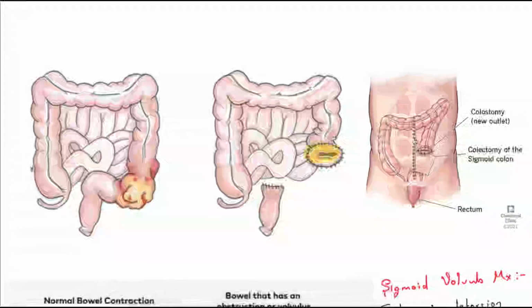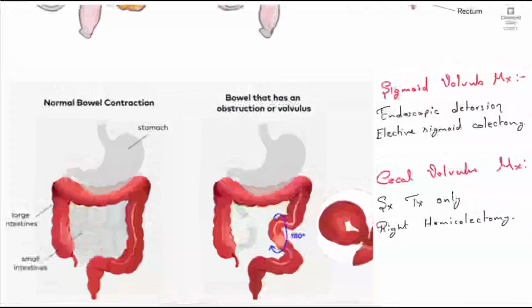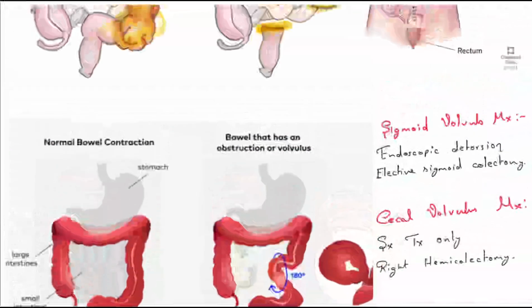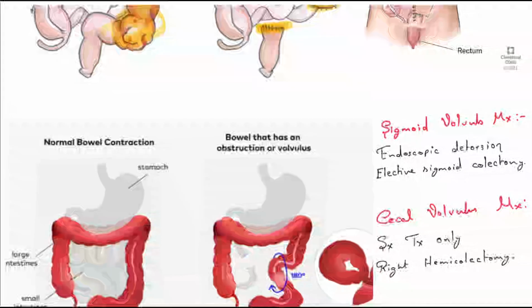Here the patient has cancer, so they removed it, closed the rectal stump, and added a colostomy. So a new outlet is made.